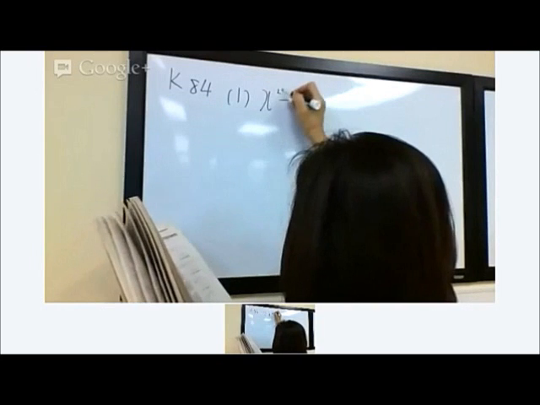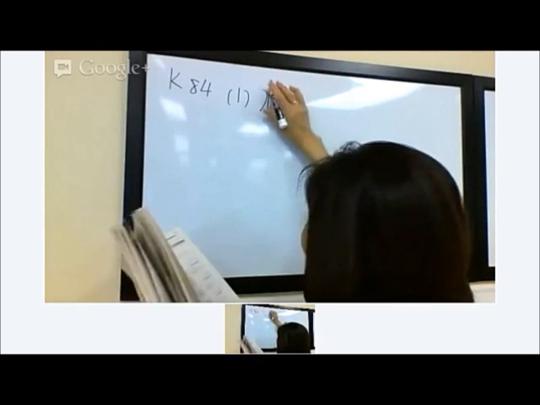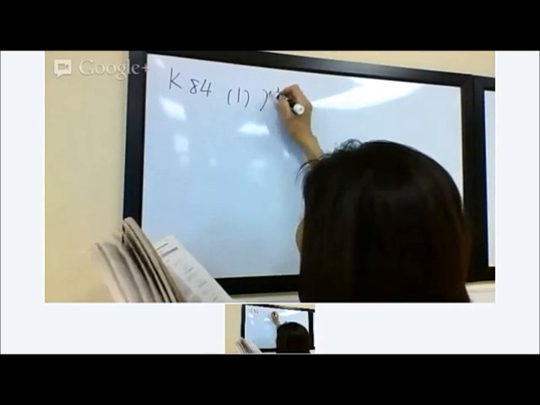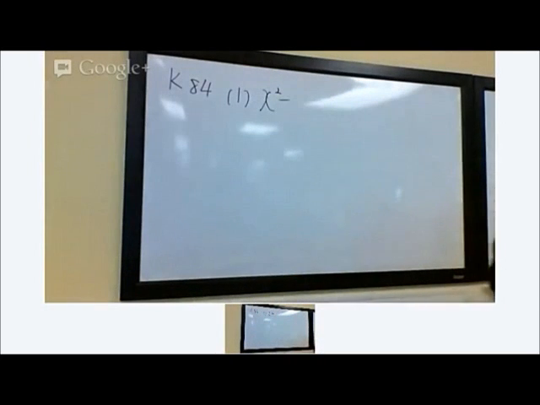So 81 to 100 is very important. They have to master 81 to 91, especially 81 through 90, inequality. They have to master it. 81 to 90, that's very, very important.